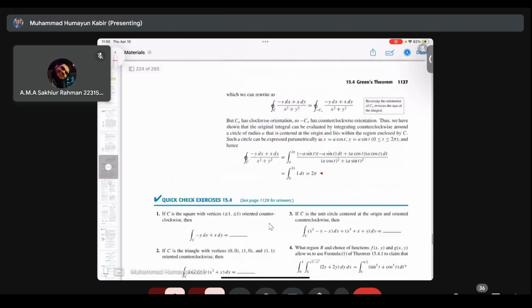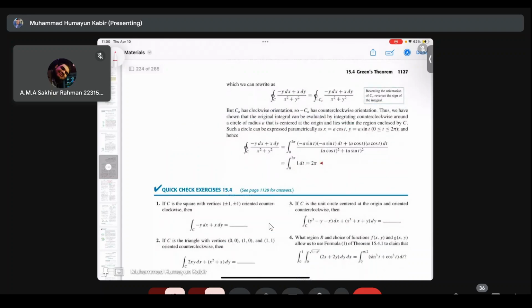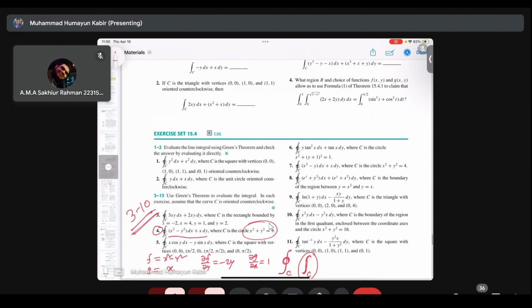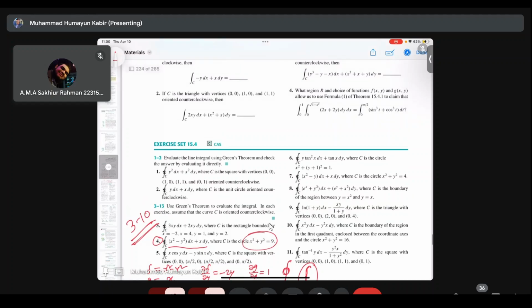So 15.1, 15.2, 15.3 is not included in our syllabus, 15.4. Next Thursday, I want to take a third quiz. The syllabus is this one. Is that okay, or is it too large?